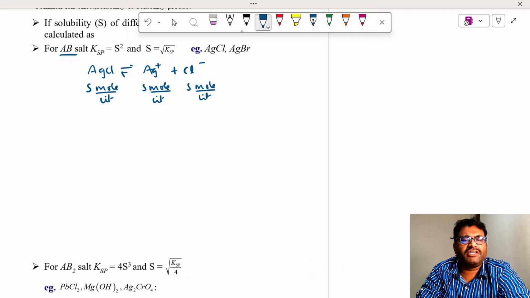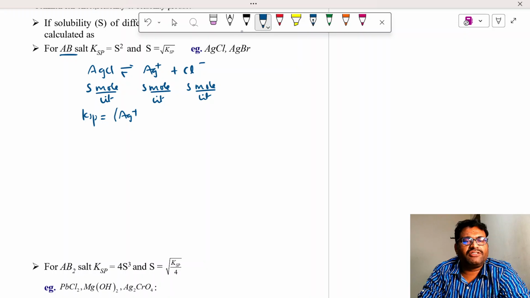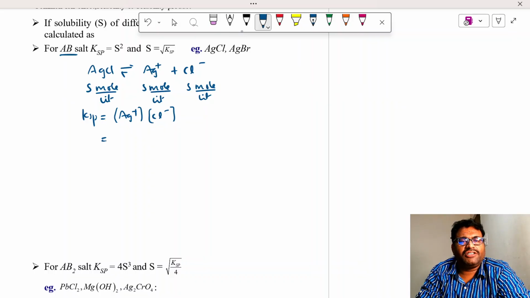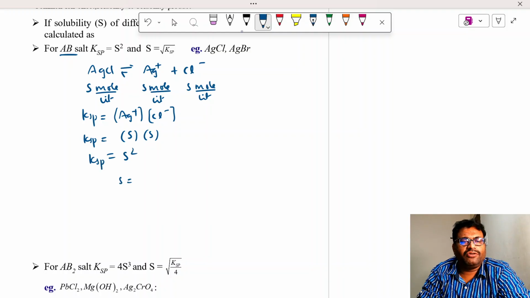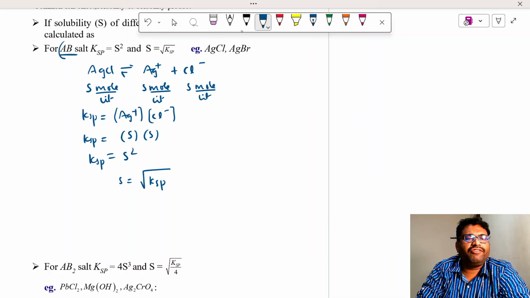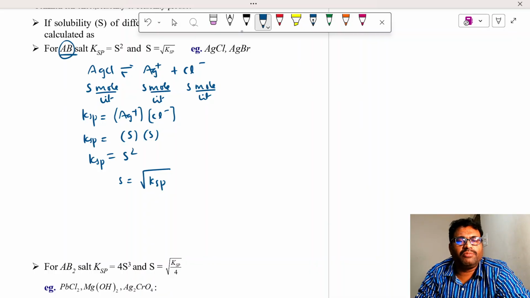Mole per liter is generally written as capital M. How to write KSP? KSP is equal to Ag plus concentration into Cl minus concentration, that is equal to S into S. KSP is equal to S square. S is equal to root KSP. So for an AB type salt, solubility is equal to root KSP and KSP is equal to S square. Okay.